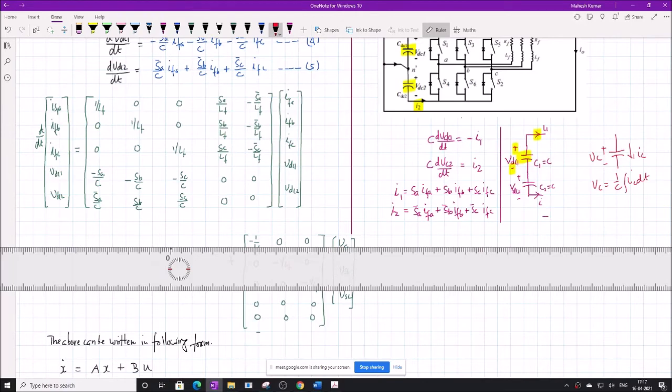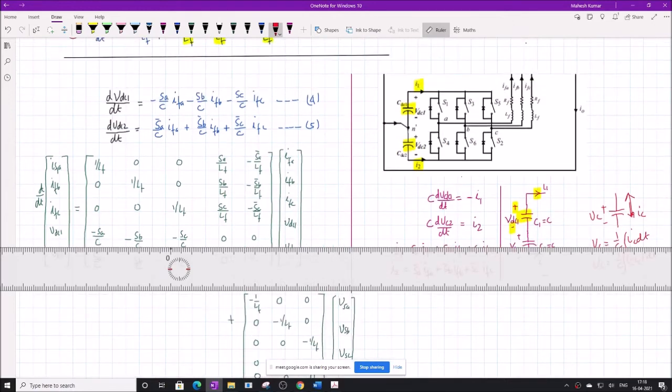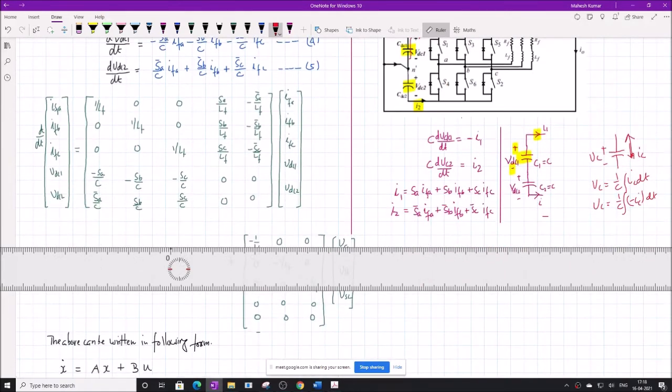So see the current direction, plus to minus, then it is true. If the current is in this direction, then it is minus. VC is equal to 1 by C integral of minus IC dt. Remember it, okay? This is the fundamental law of the capacitance. Since the current here is opposite, you can see the current is going upward, minus to plus, I1. Therefore, C dVc1 by dt equal to minus I1.